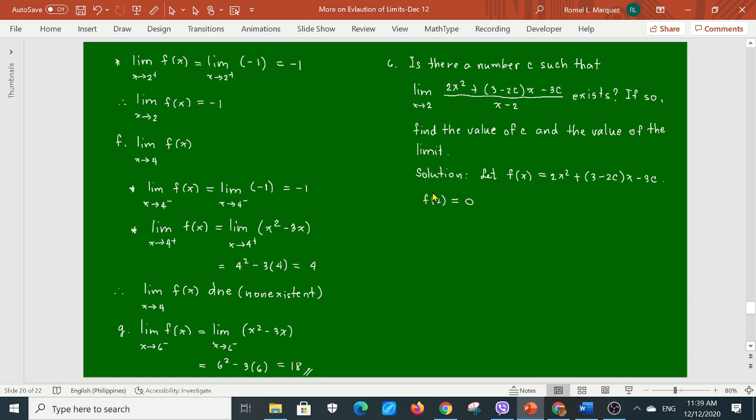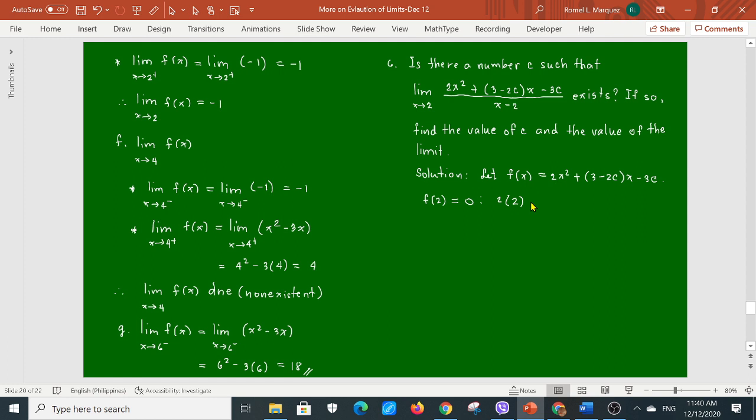Okay, so we now have 2x squared. So that is now 2 times 2 squared, since that is our x.